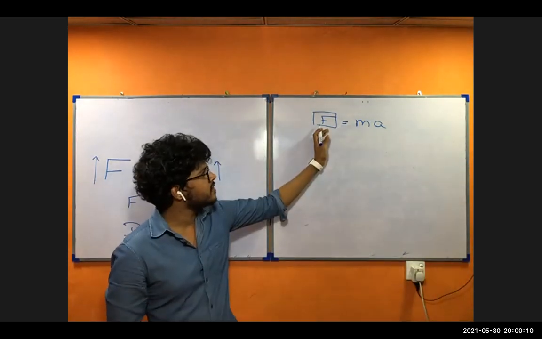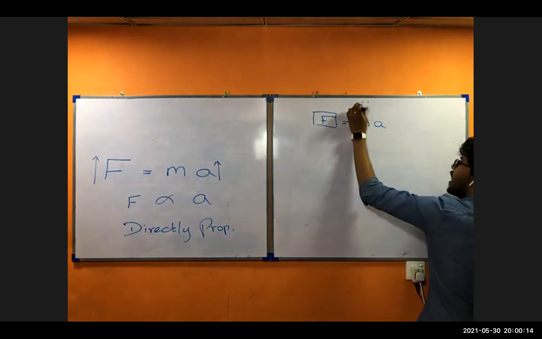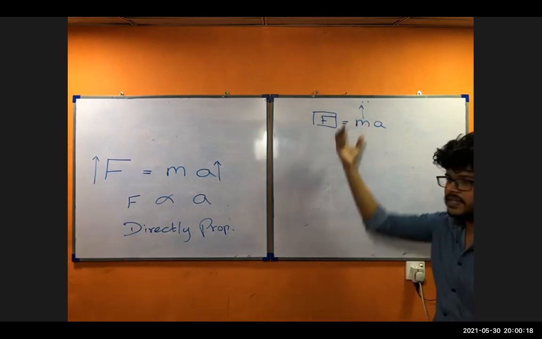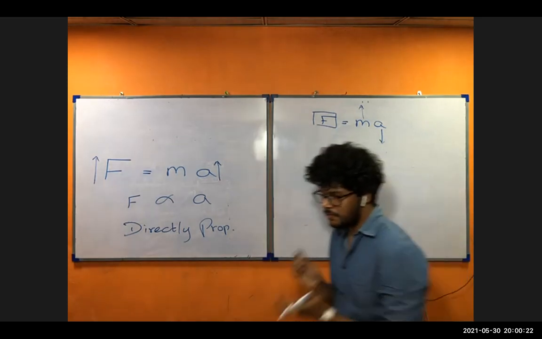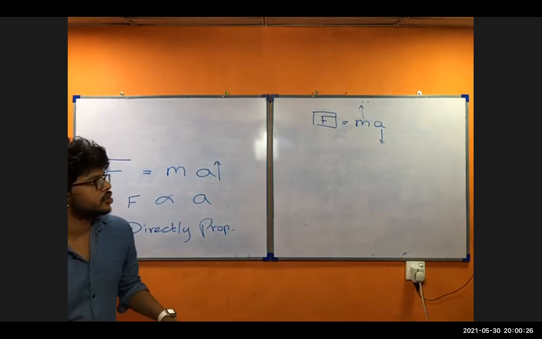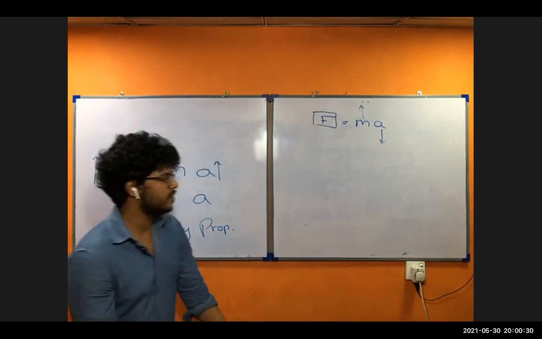So if I exert the same force, when the mass is high, what will happen to the acceleration? When the mass is increasing, the acceleration will decrease, right? If the mass is very high, it is very difficult to increase the acceleration, under the same force on both of them.